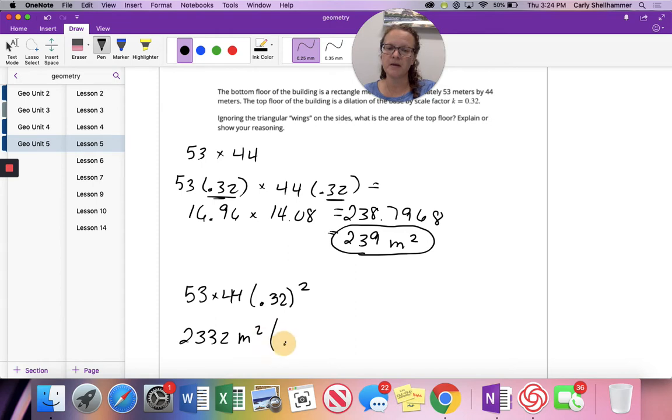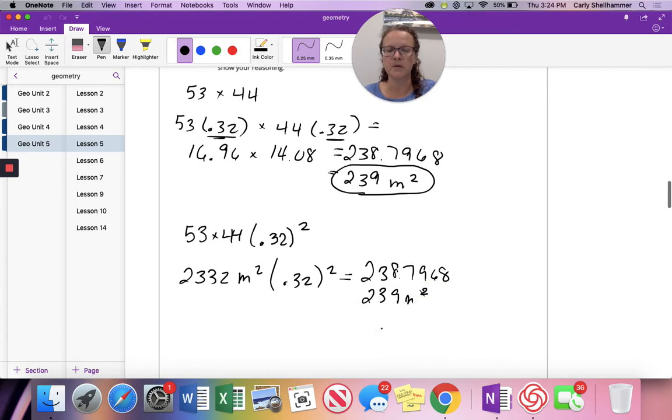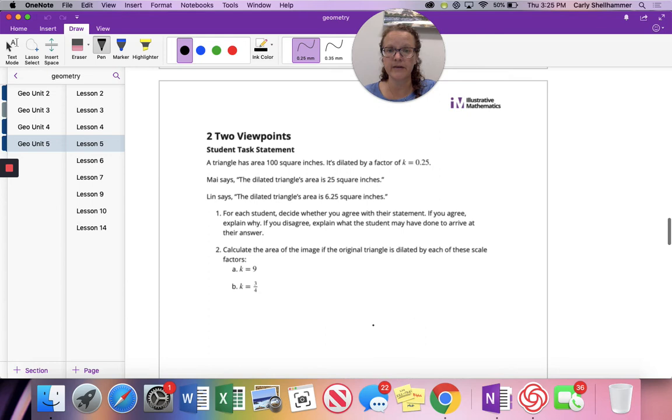And if I multiply that by my scale factor squared, 0.32 squared, I should get the same number, 238.7968, which is about 239 meters squared. So two different ways to calculate that area, okay? We want to make sure that we're using our scale factor squared.